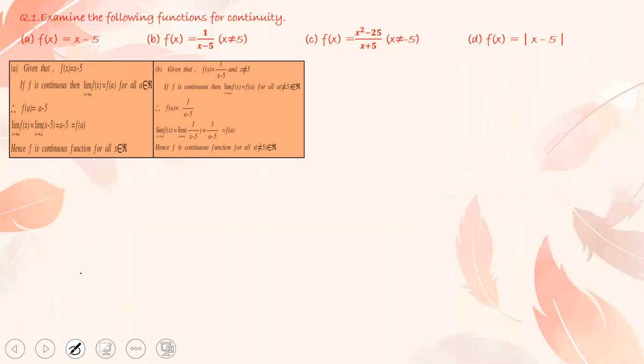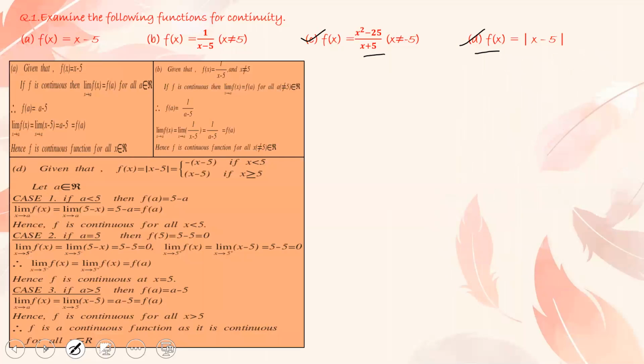Now check this fourth one. This problem is very easy, so I think you can solve it. So here I am checking this function, that is f(x) is equal to mod of x minus 5. Now the mod function is here.